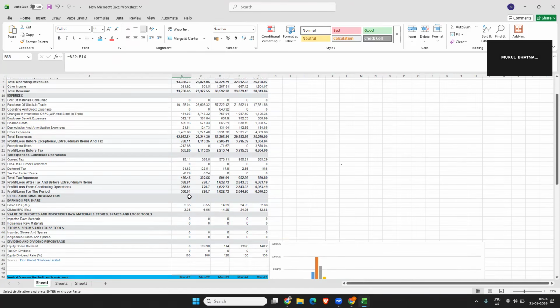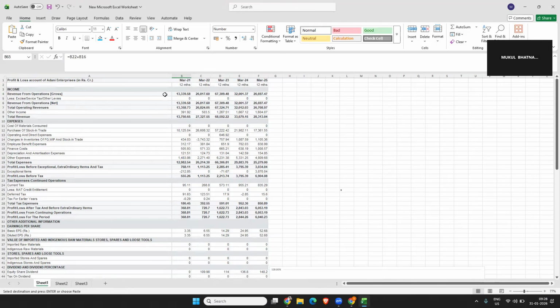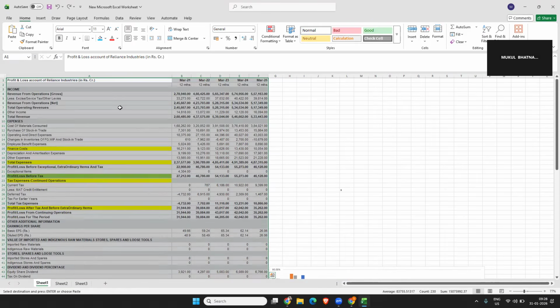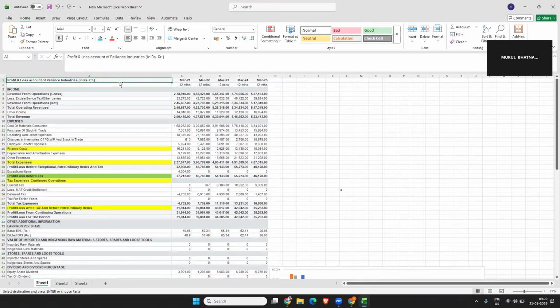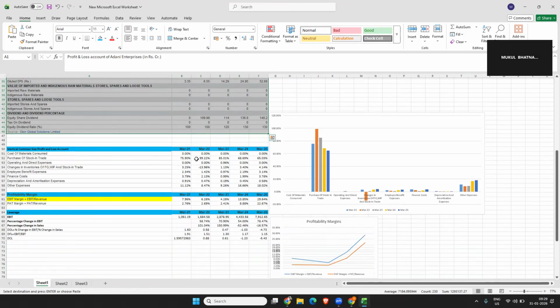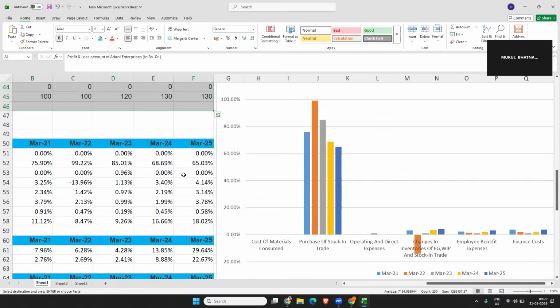Yes, I was unable to copy the formula, so I'm changing on this sheet only. So I have copy and pasted. Let me show you again. This was my old profit and loss account. So when I copy the new profit and loss account, these values will change. So here you can see the revised value will appear.